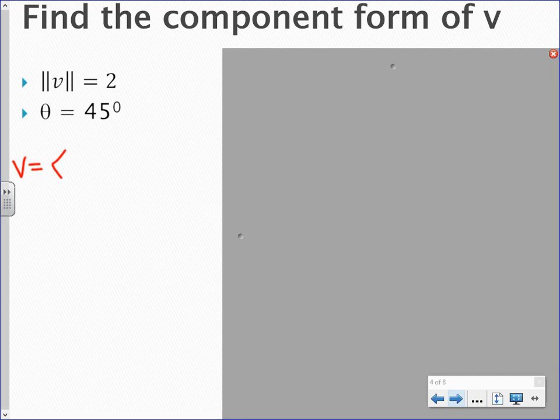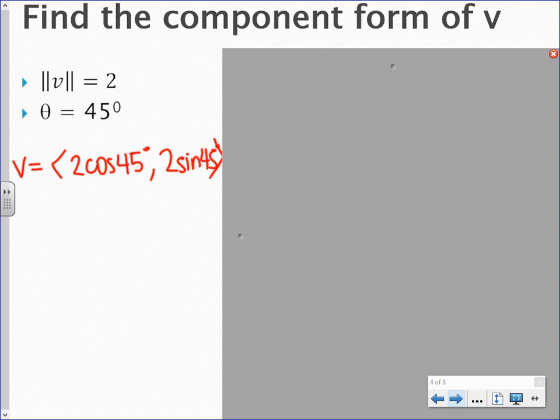Well, if I want vector v, to get our horizontal component, we need to take 2 times the cosine of the angle. And if I want the vertical component, we're going to take 2 times the sine of the angle.